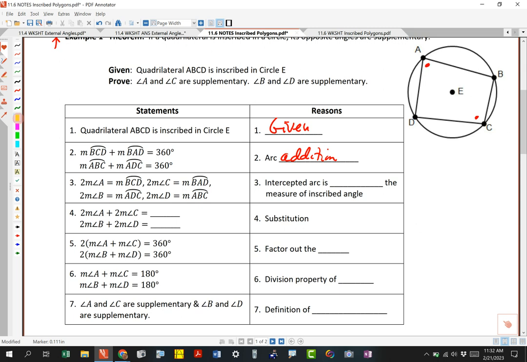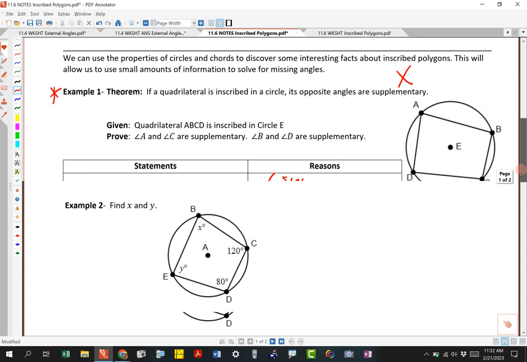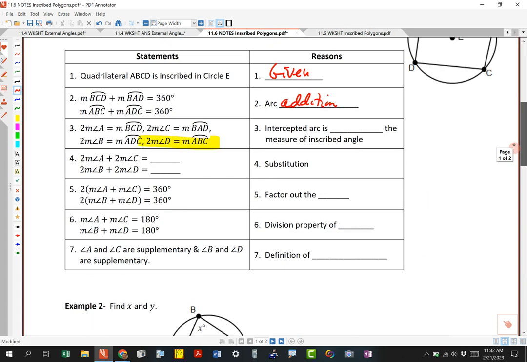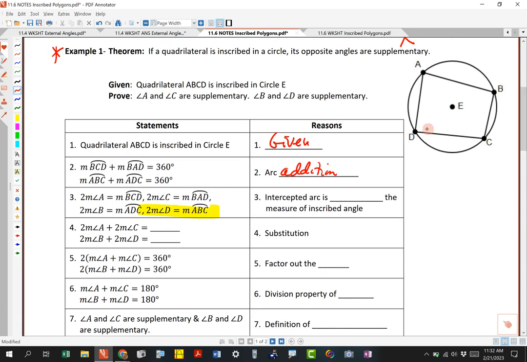The next one says, I'll just pick one randomly. I'll pick this one right here, the one on the end. Angle D, so 2 times the measure of angle D, this one right here, is the measure of arc ABC, so this one right here.